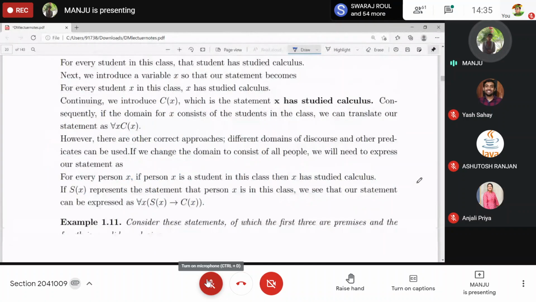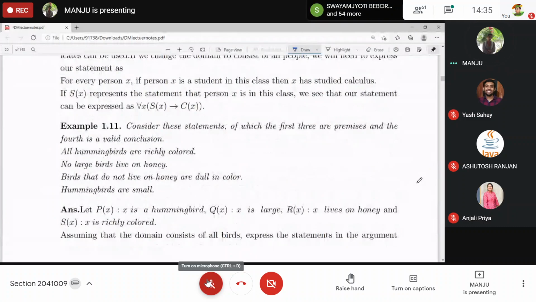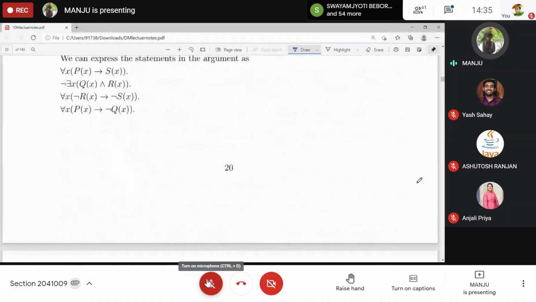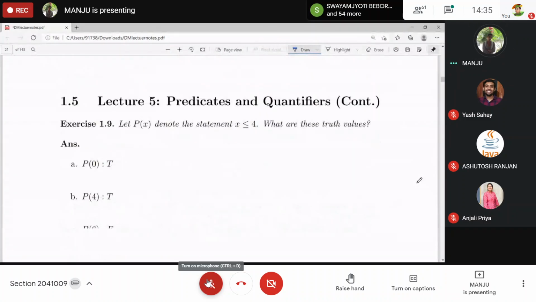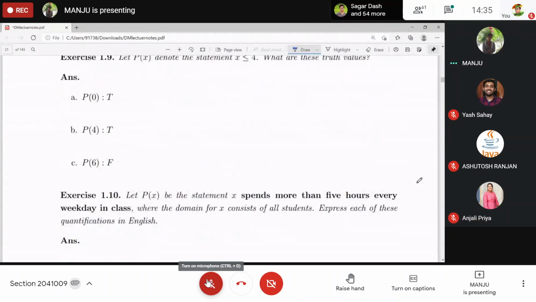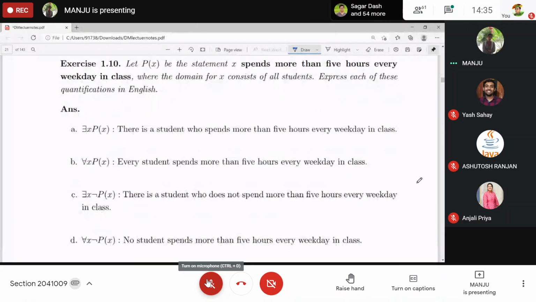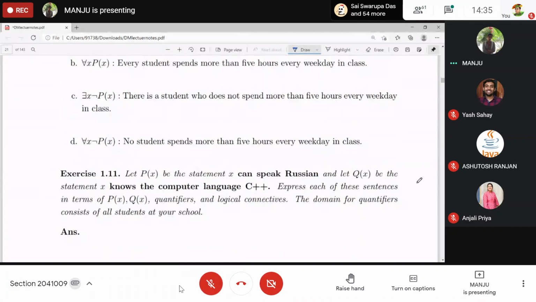So then we did the translation part there as well. Translation from logic to English, English to logic. And this one, again translation from logic to English, and here English to logic.